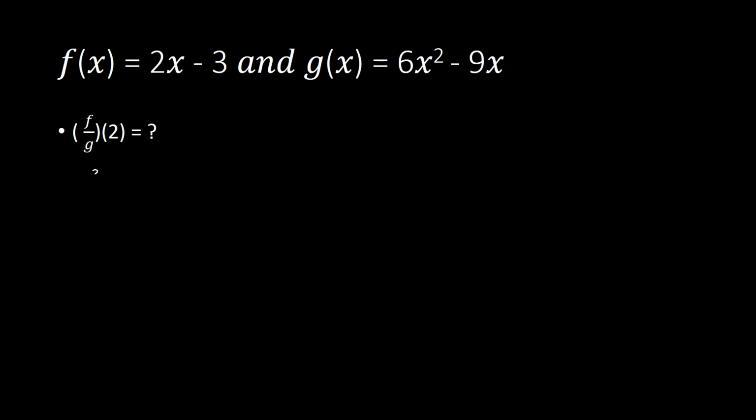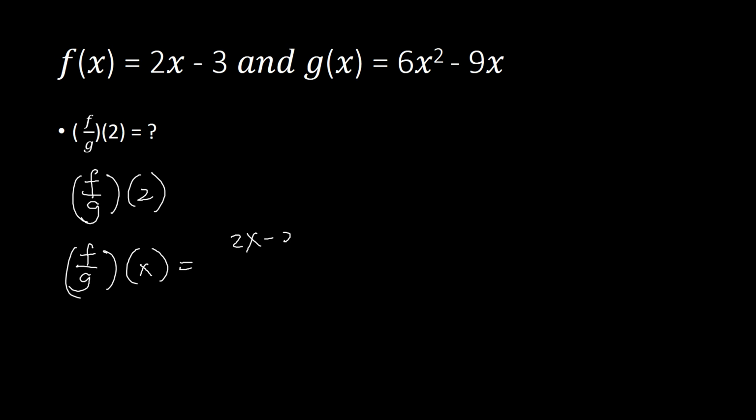Next, we go for f over g of 2. So again, you've got freedom if you are to evaluate that one first, and then divide, or divide and then evaluate. So let me do my dividing first of the two functions. So I've got f of x, which is 2x minus 3, over 6x squared minus 9x, factoring the bottom part.